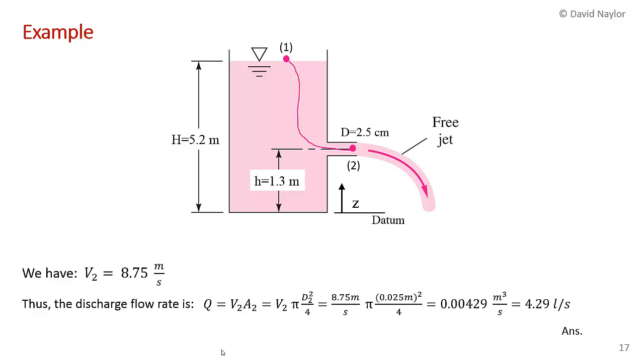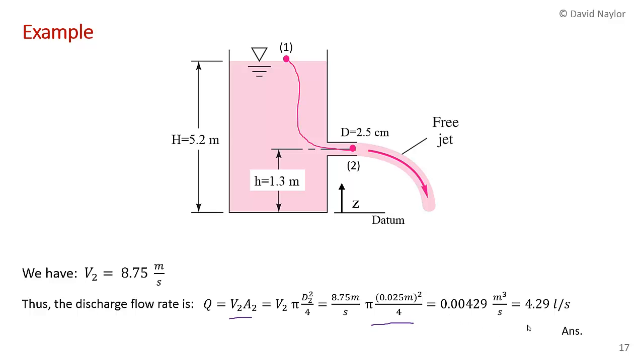So now we have the velocity at 2. We just have to multiply the velocity at 2 times the area at 2, pi d2 squared upon 4. The inside diameter of that pipe is 2.5 centimeters. So pi times 0.025 meters squared over 4. Of course, we're making the assumption here of one-dimensional flow. And that gives 0.00429 cubic meters per second.